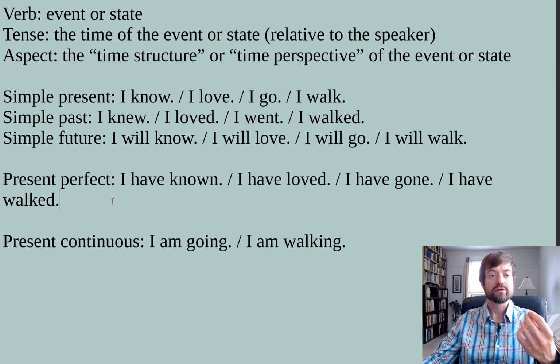It's like, by the time he arrived, I had already gone. So you see, using already is a good word for the past perfect, because it's something, this had already happened. You see, it's finished by the time of the reference point.